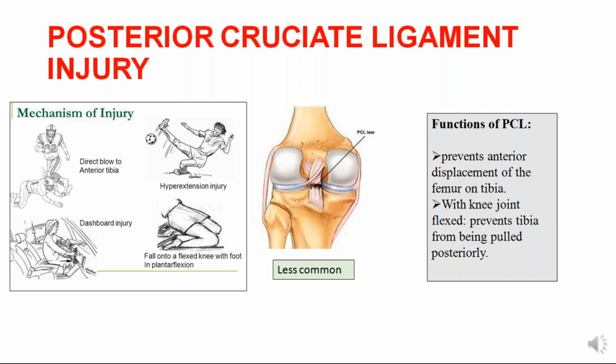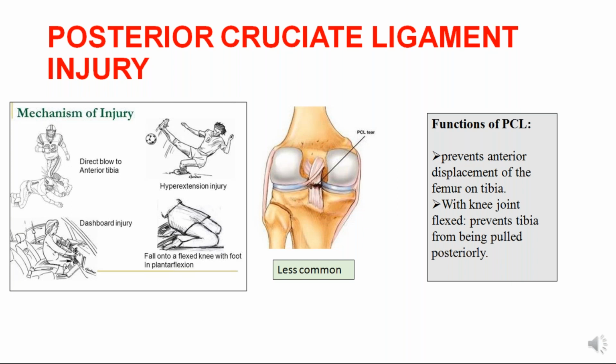The function of the posterior cruciate ligament is to prevent the anterior displacement of the femur on the tibia. So it has the opposite function. With the knee flexed, it is going to prevent the tibia from being pulled posteriorly. So the posterior displacement of the tibia will be prevented.